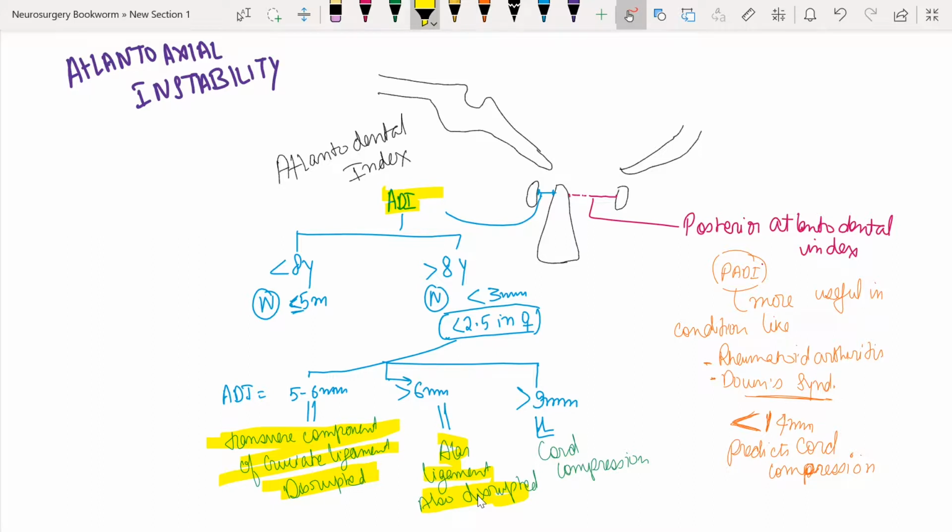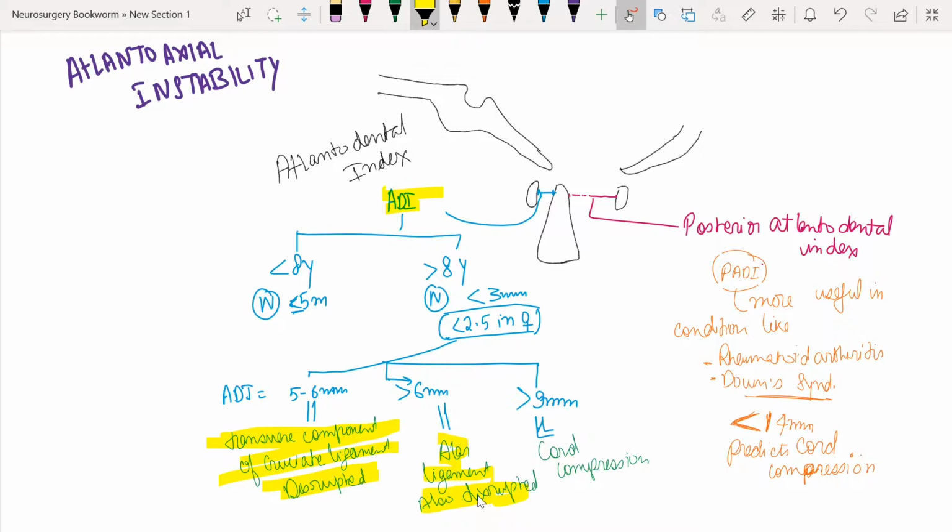The other line used in Atlanto-axial instability is the posterior Atlanto-dental index. It is a line joining the posterior margin of the dens to the anterior margin of the posterior arch of the atlas.